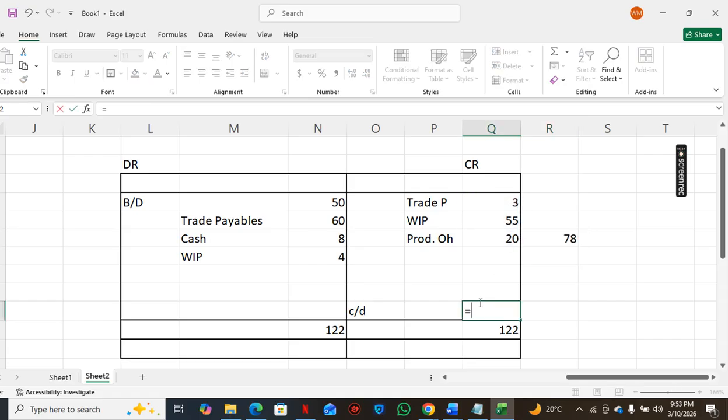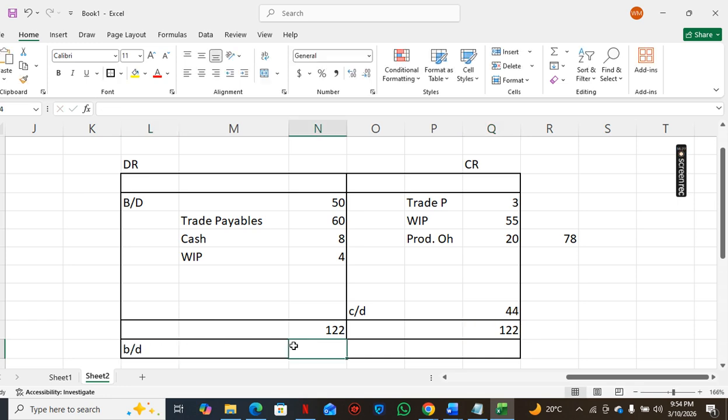So your balance carried down, total for debit minus total for credit, is 44. So in the next month or the next year, this is the inventory that will be in the stores account. Inventory worth 44 million.